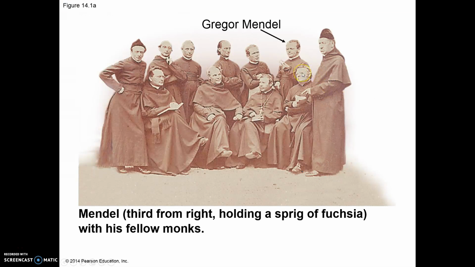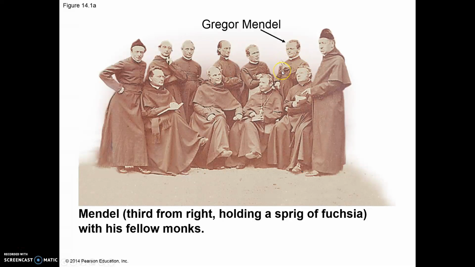So the person who launched this or answered this major question is Gregor Mendel. He was a monk back in the 1800s. He essentially became a monk because he wanted an education because he was the son of a farmer, right?